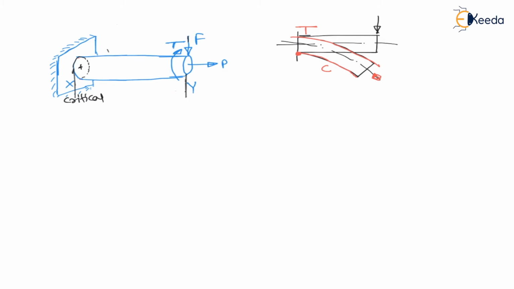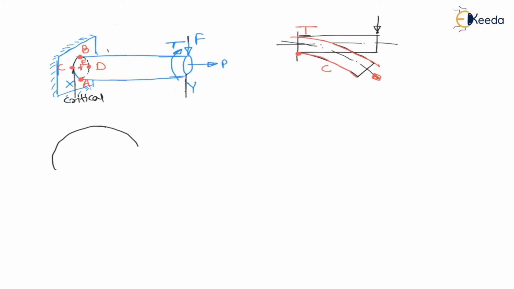Now we will consider different points over here. At location x, on the lower fiber I will consider element A. On the upper fiber I will consider element B. On the left side I will consider C, and on the right side I will consider D. And at exactly the center there is an element E. I will draw the cross section at the fixed end, that is location x.